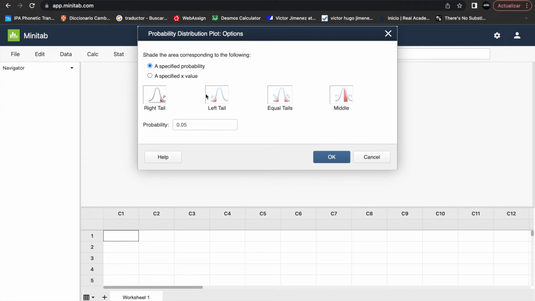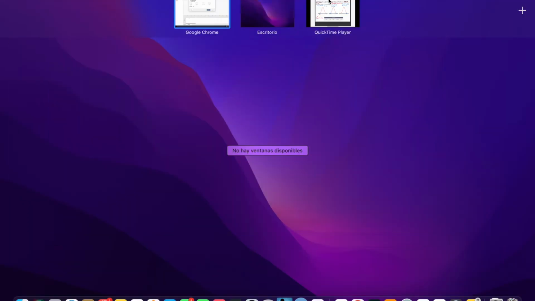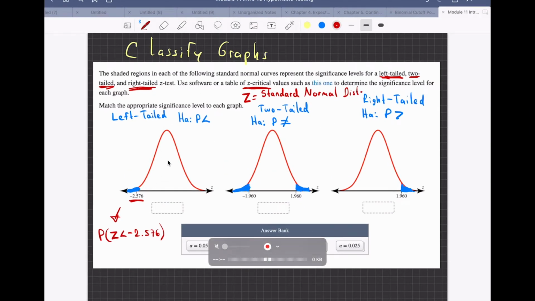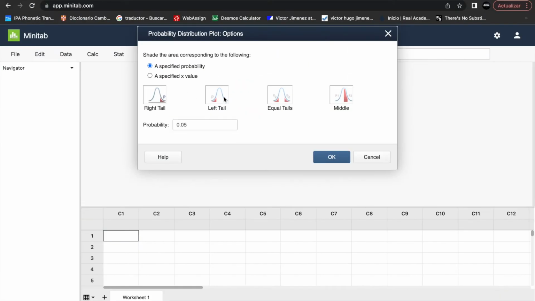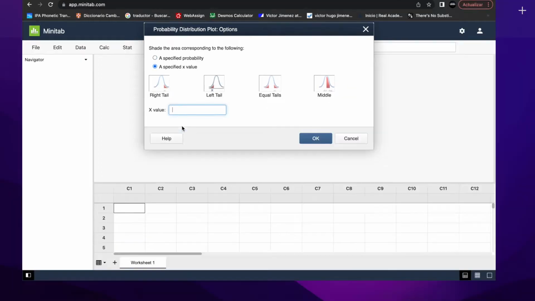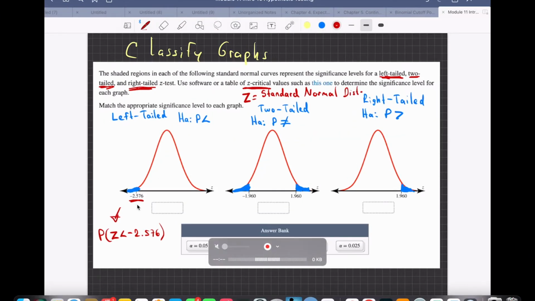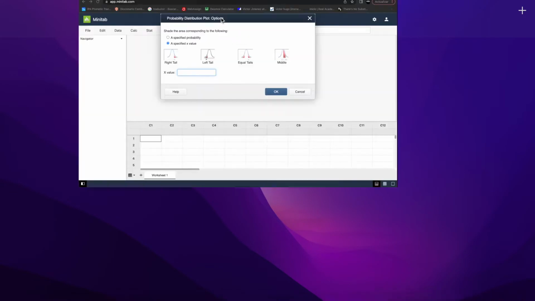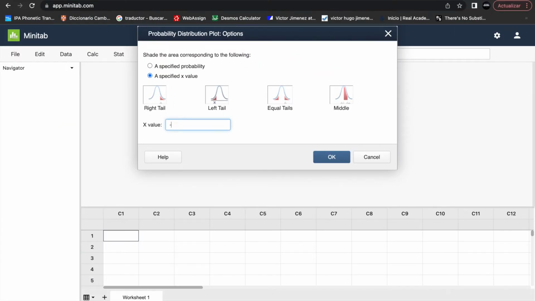And then, notice, it is a left tail, so we have to use left tail here. And we specify the x value. The x value is negative 2.576. And then with that, compute the probability.